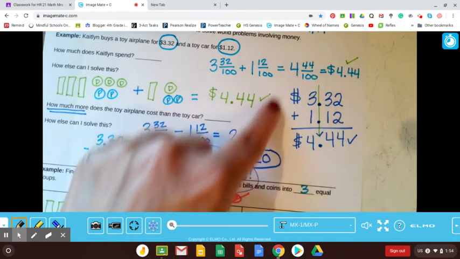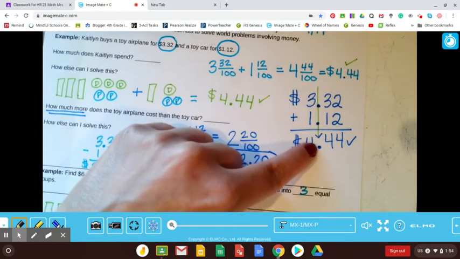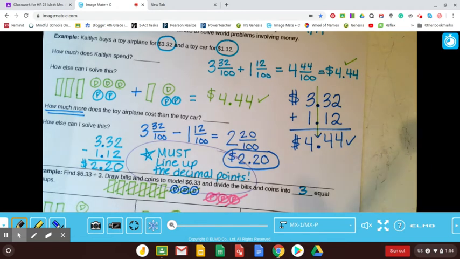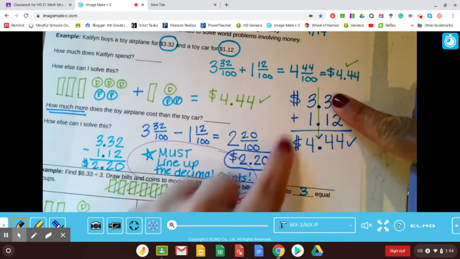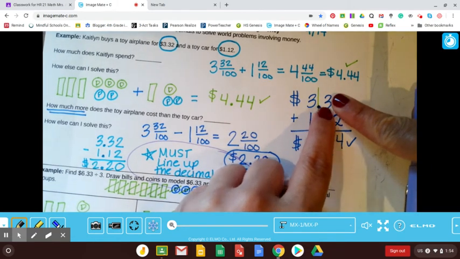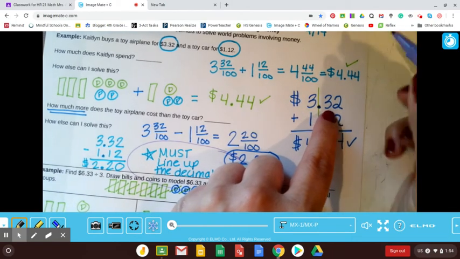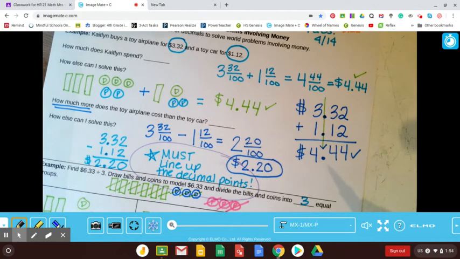This is the key idea though. Making sure those decimal points are lined up is what needs to happen. And if, let's say you had a decimal like 3 3/10, what you could do is add in a 0 just to hold that place value position. So that's a really important thing also.